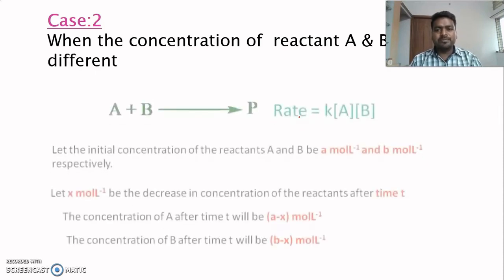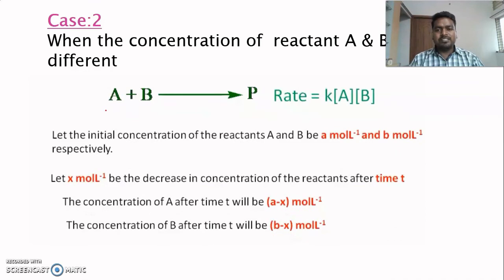In this case, let us consider the reaction A plus B gives P, the product, and the rate of reaction is equal to k into concentration of A and concentration of B. Small a is the initial concentration of reactant A, and small b mole per liter is the initial concentration of reactant B.